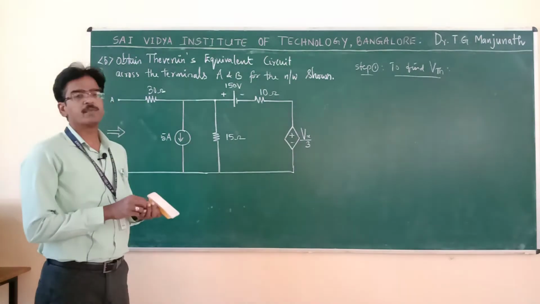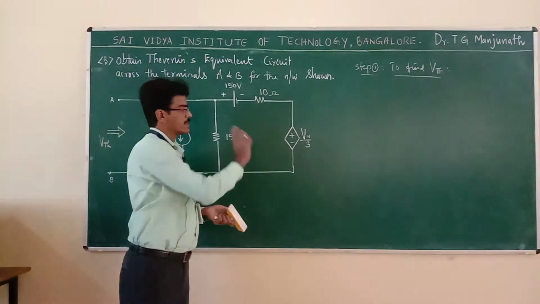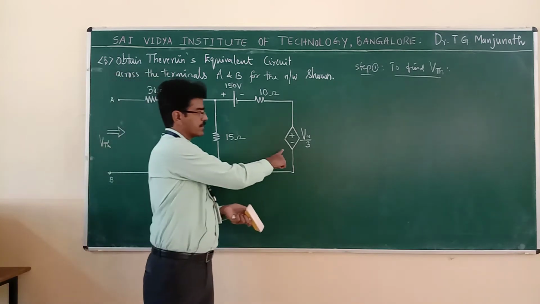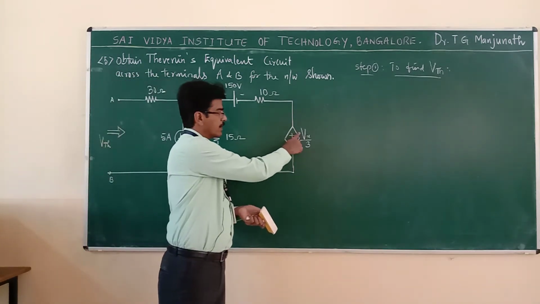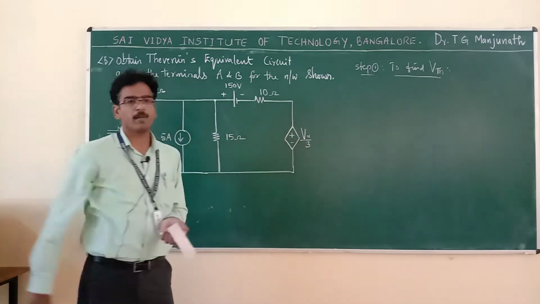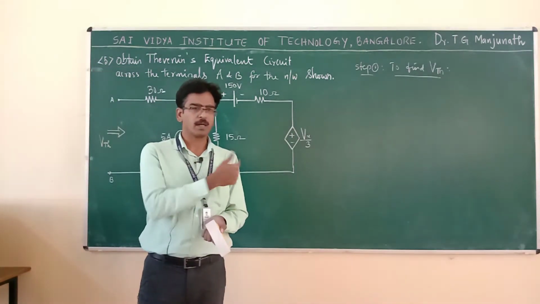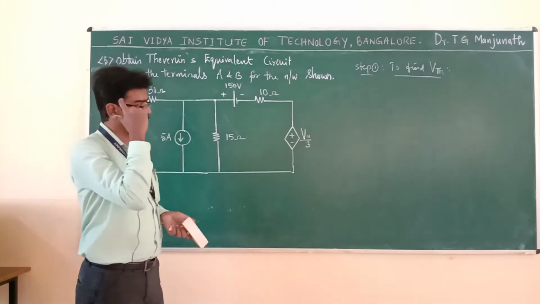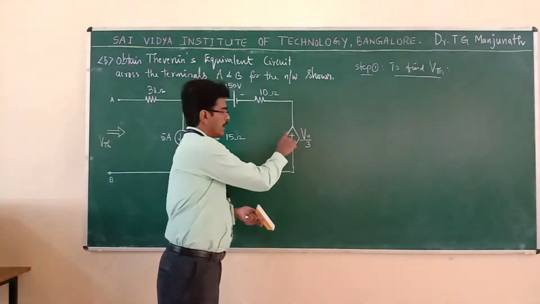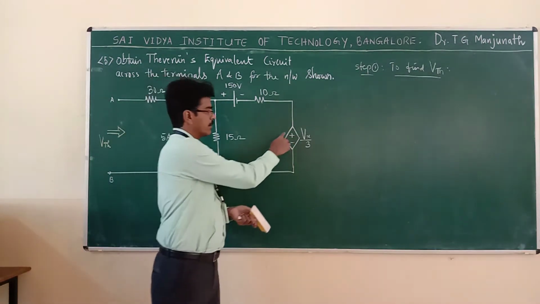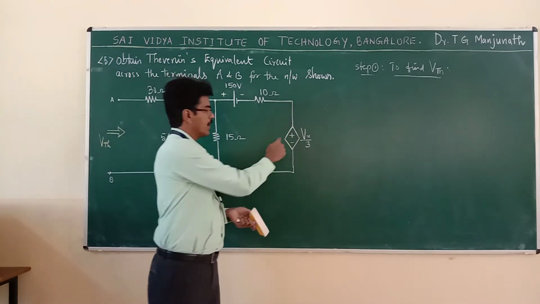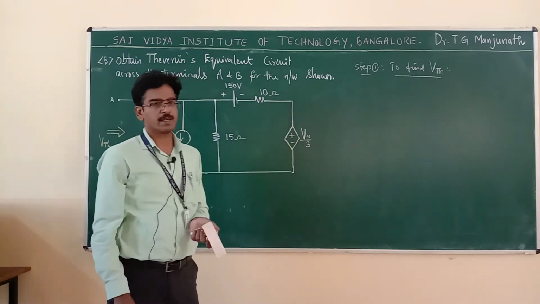What you have to observe here is, whenever there is a dependent source, the dependent variable must be given in the problem. Yes, it is given; purposefully I have not shown it, but now I am going to write the dependent variable. See, this symbol represents a dependent source, and the polarity represents a voltage source.